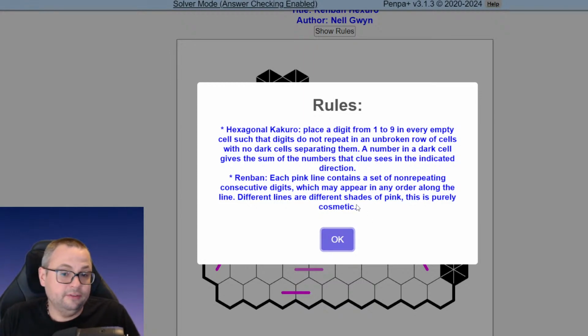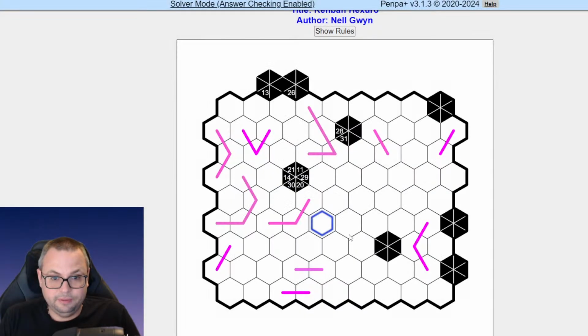And then pink lines are Renban, so they contain a set of non-repeating consecutive digits, which may appear in any order. Different lines are different shades of pink. This is purely cosmetic. I don't think that's actually true. Oh, maybe it is, actually. That's weird. They're very eerily similar, but not quite the same.